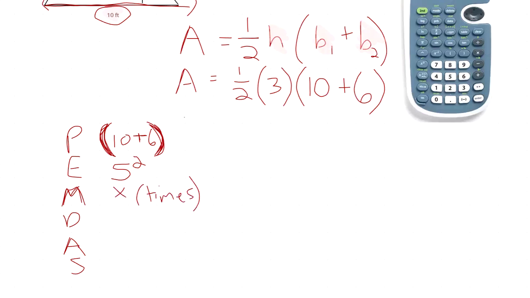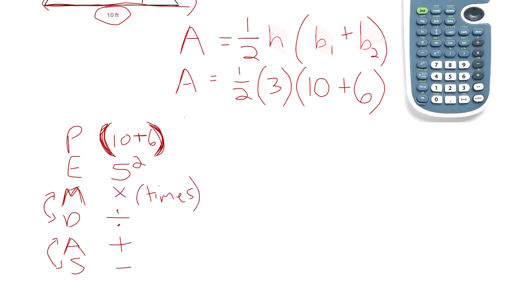D is for divide. A is for add, and S is for subtract. And there's a couple little nuances here. M and D can be flip-flopped. Adding and subtraction can be flip-flopped. We're not going to have to deal with those little exceptions to the rules in this problem, but as we see them in other problems, I will show you how to use PEMDAS to figure stuff out.